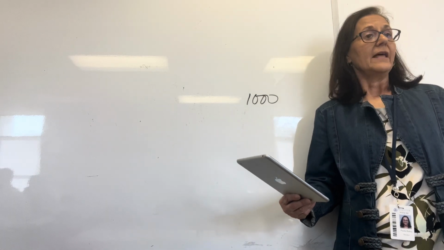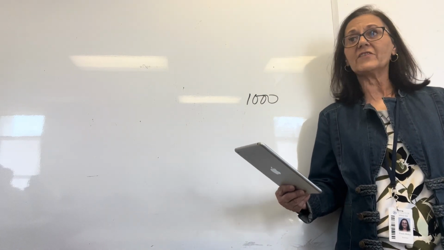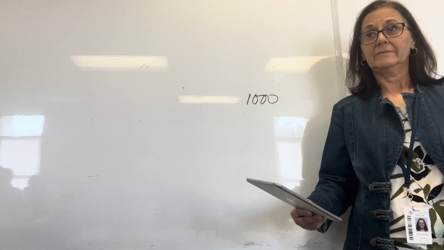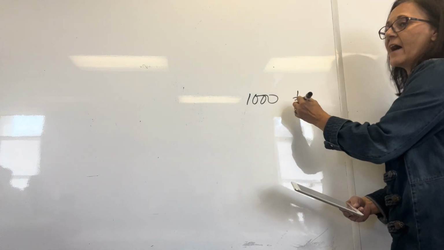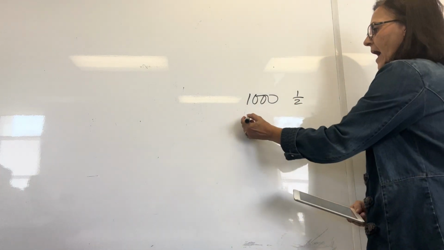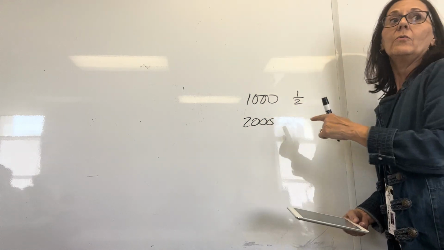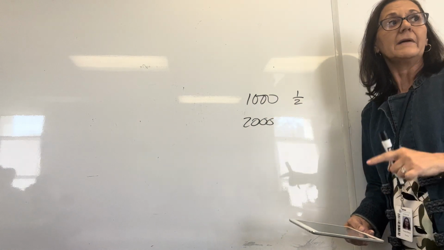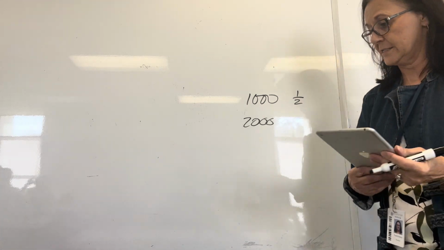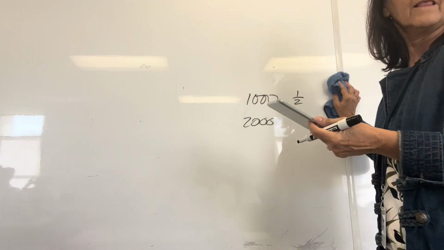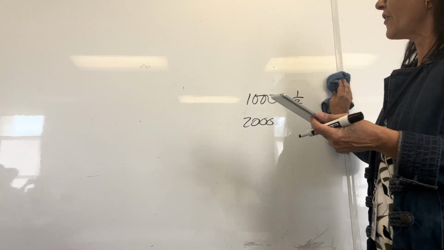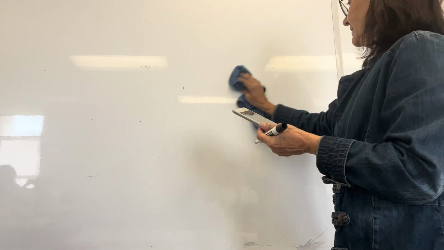That means that after 1,000 years, half of the substance is left. After 2,000 years, we have half of the half, which is a fourth. Makes sense? That's what half-life is. It takes forever to get rid of this stuff, right?